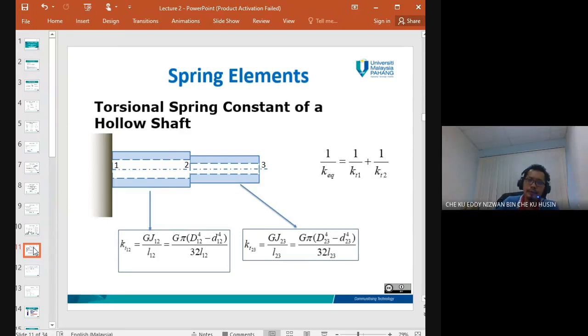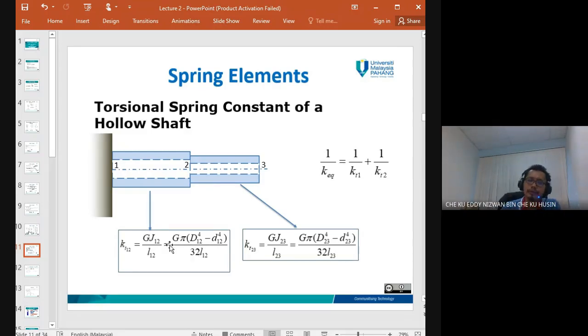So the stiffness for the shaft in the rotational direction is equivalent to GJ over L. G is the shear modulus. J is based on the geometry, so it is pi d to the power of 4 over 32. So that's the one for the shaft.